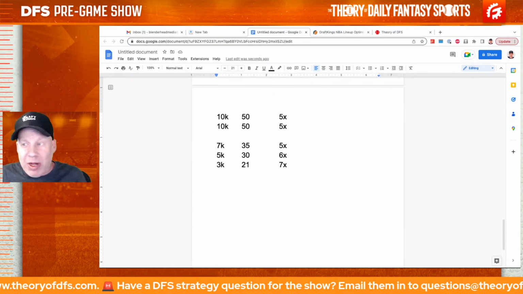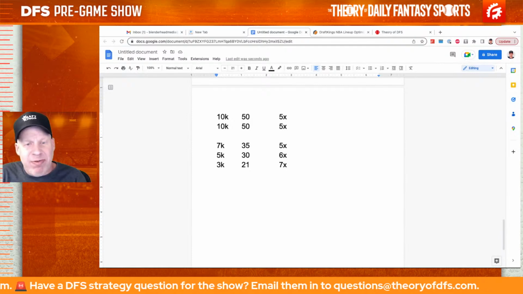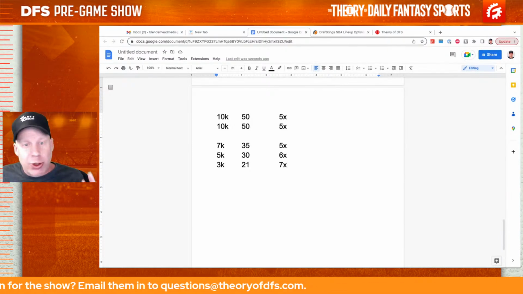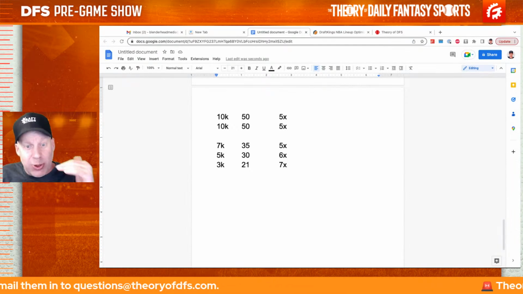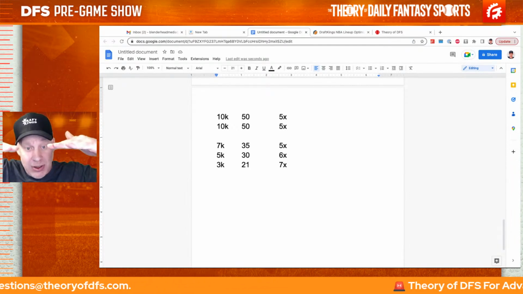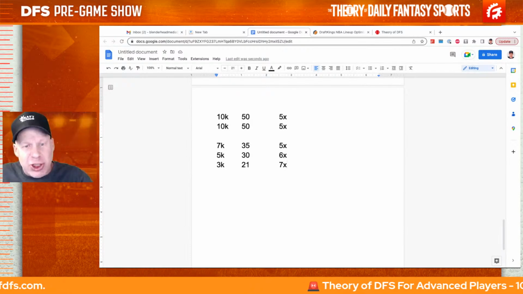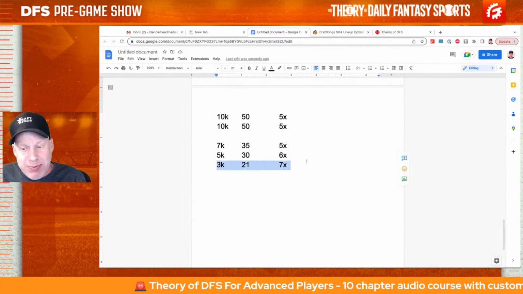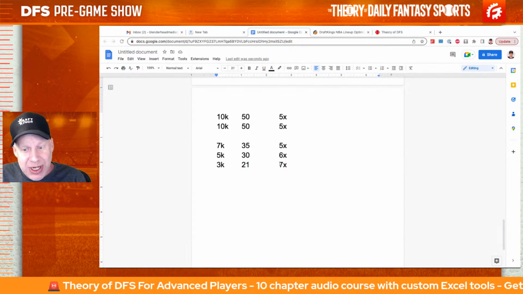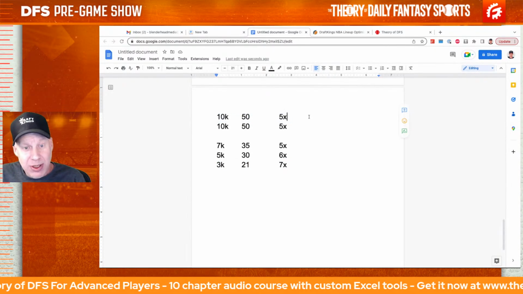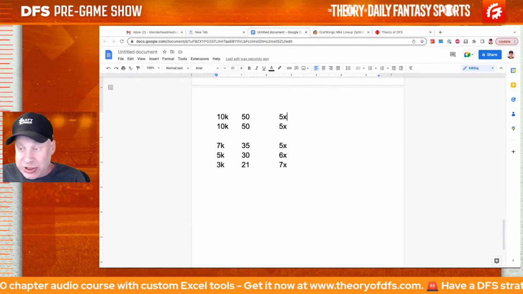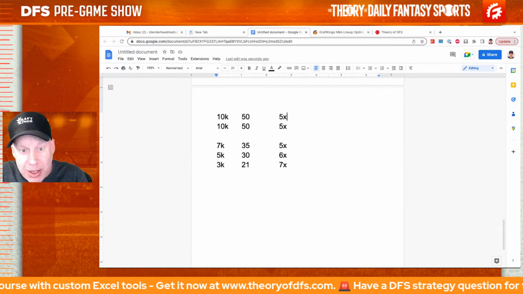You could say it's 12. I could say it's 5. I could do 4x plus 5. You could do 5x plus 10. Or you could do 6x plus 2. You can do whatever you want, just so you have a baseline on how to judge players at certain salaries. So you're not overweighting these cheap players with high point per dollar values, and you're not underweighting high price guys with a lot of raw points but not as much point per dollar, because they're worth it in your lineup.